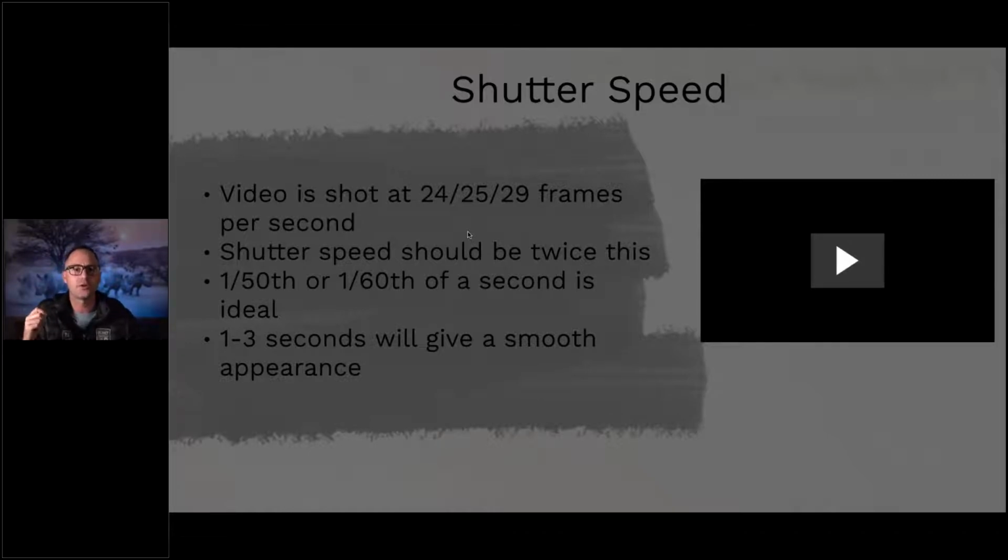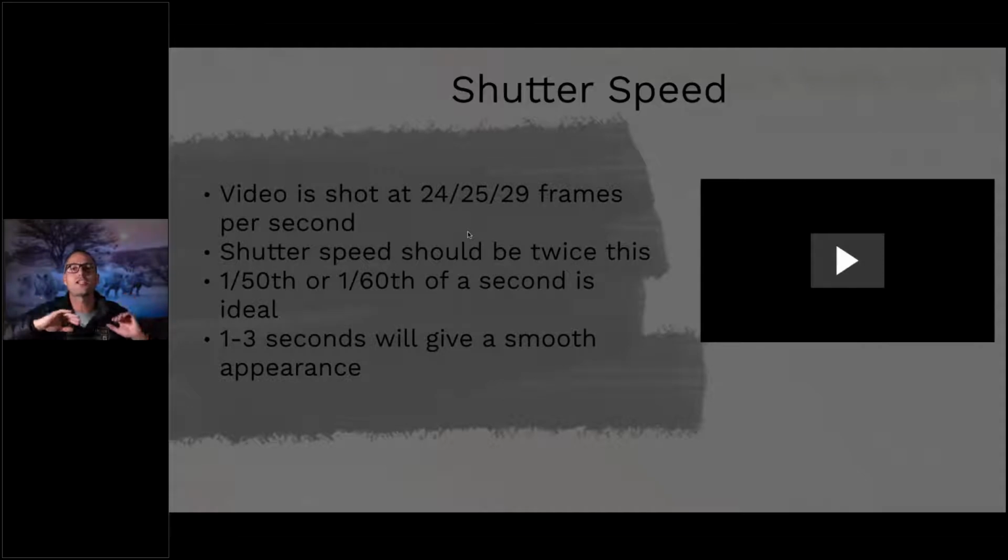And if we do not do this correctly, it creates a strange feeling. If I move my hand like this, and you can just look at my little camera, you will see that my hand is blurring as I'm moving it. Our eyes only see at a certain frame rate. We're only processing light 24 to 25 to 29 times in a second.